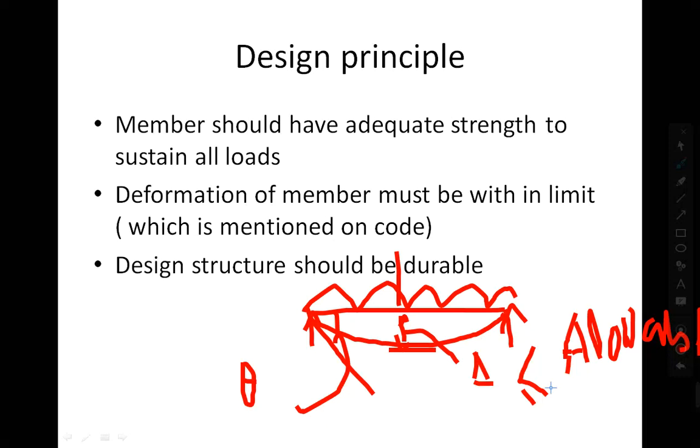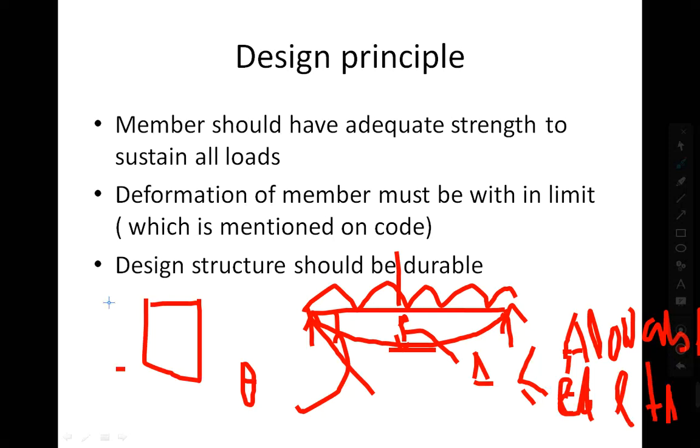And also you have to think about the economic aspect, and the member should be cost effective. We choose the section, generally a rectangular section used for beam design, and the amount of reinforcement, in such a way that the member has sufficient strength and is also economic.